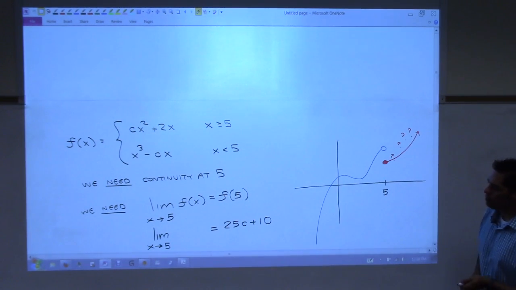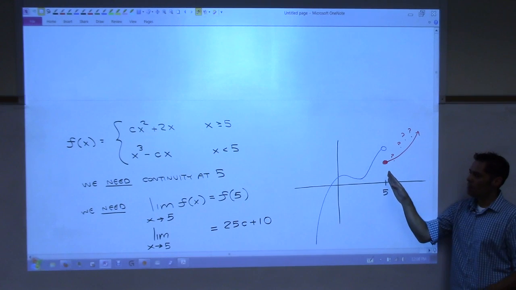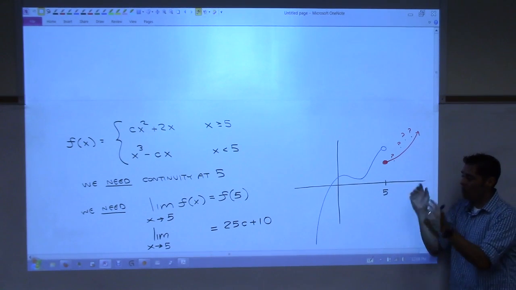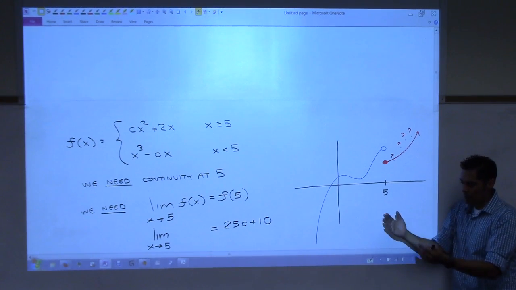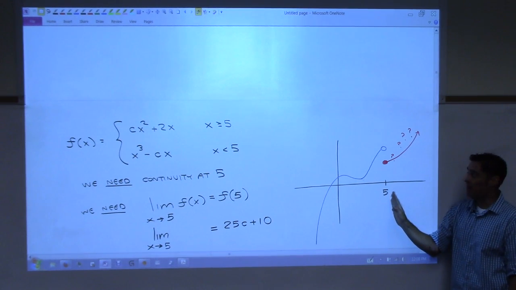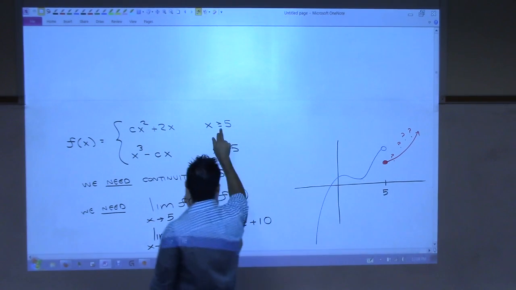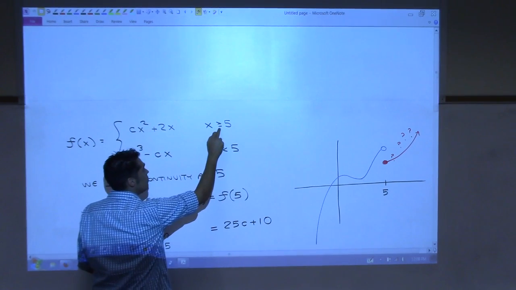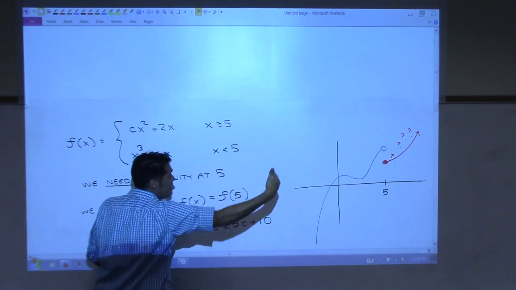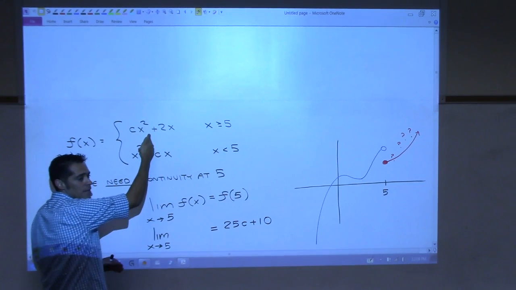There's a critical point right here in the problem. You can tell me right now, just from our drawing and our thinking this through, that this function is right continuous, right? The reason is because we have the equal sign here. So anything bigger than 5, as we come into 5, we're headed to the same place the parabola is headed.